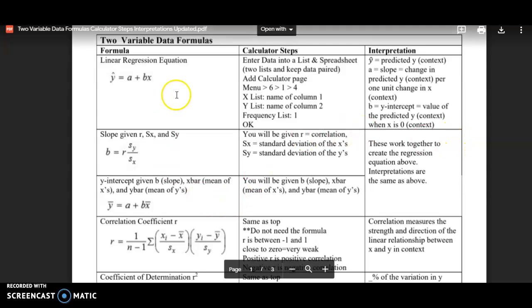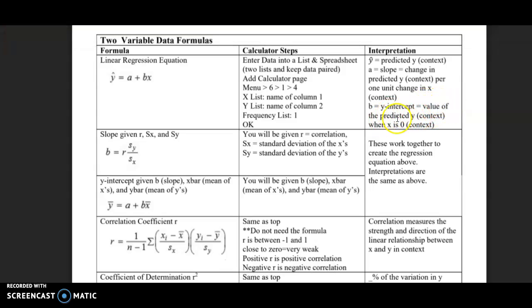You can use this for now. Here's my regression line, and here it says my interpretations. B is the Y-intercept, the value of the predicted Y. So here, 7.1 kilograms of left-hand strength when right-hand strength is 0 kilograms. So that'd be using my fill in the blanks. But as long as you realize the Y-intercept is the value of Y when X is 0, just apply that context.